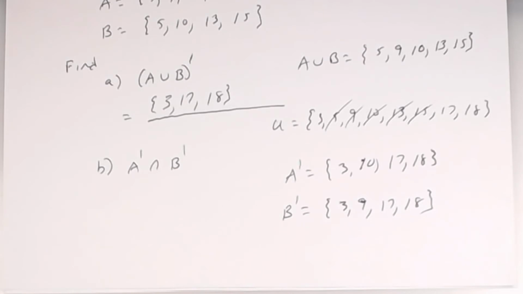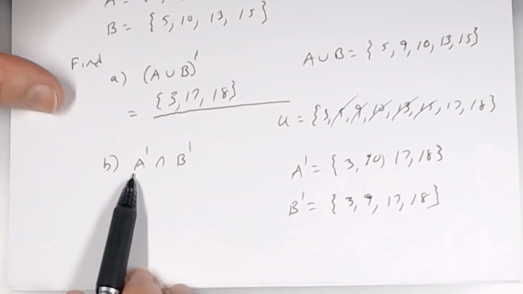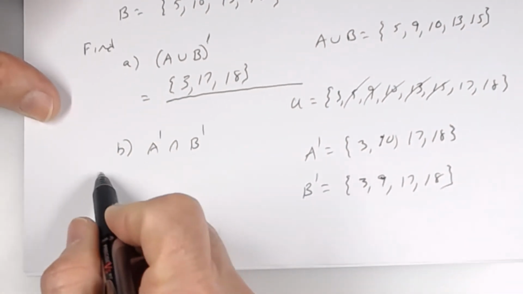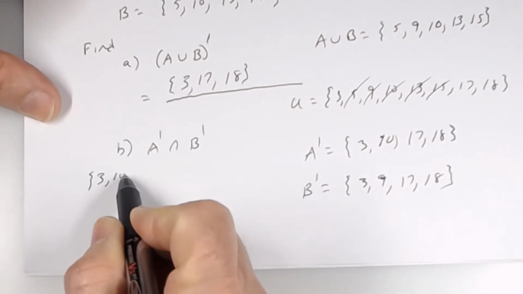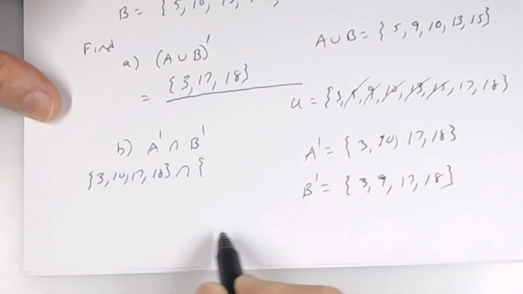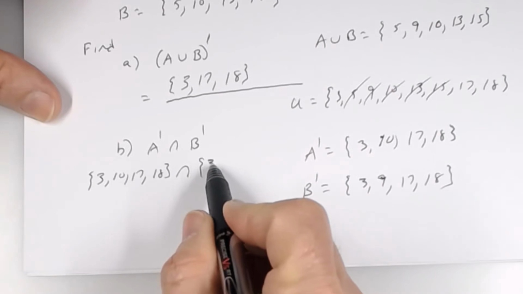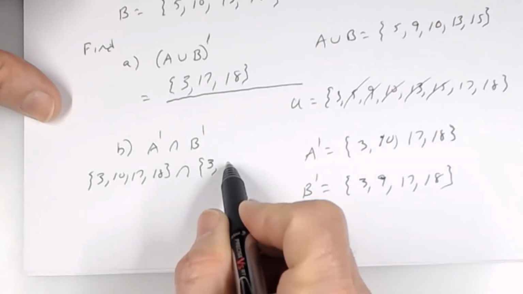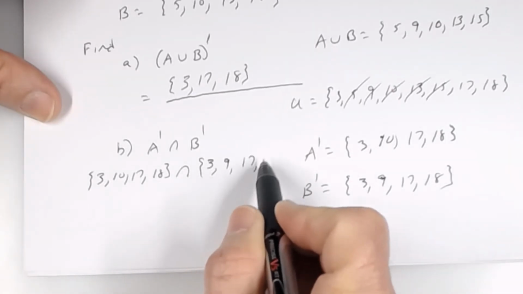And then all you do now is look at what? The intersection. Look at the intersection. Now here's what I would do. You see, I found a complement, right? That's this. So look, I have this: 3, 10, 17, 18. Intersect with what? B complement: 3, 9, 17, 18.